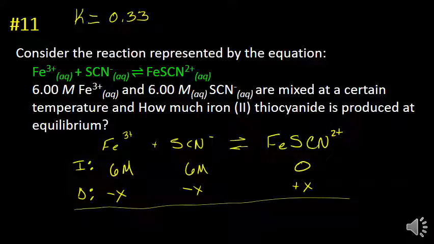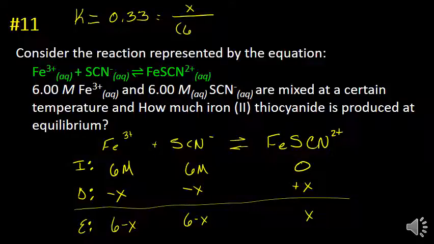So down here, at equilibrium, my amount of iron will be 6 minus X, correct? The thiocyanate will be 6 minus X, yeah? And this will be X. We know that K is going to equal products over reactants, yes? So we end up with X divided by 6 minus X squared.